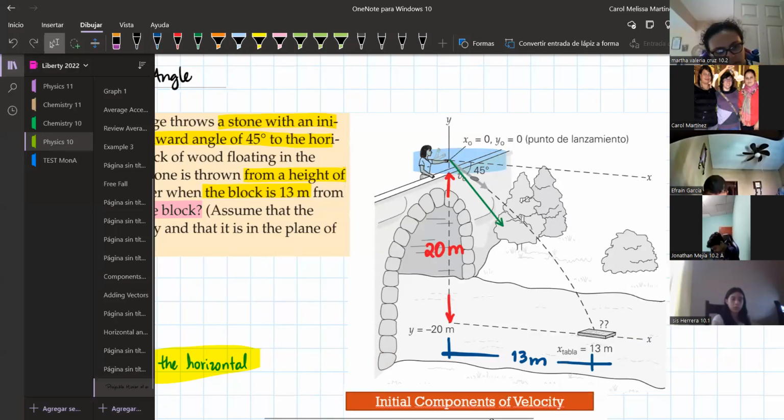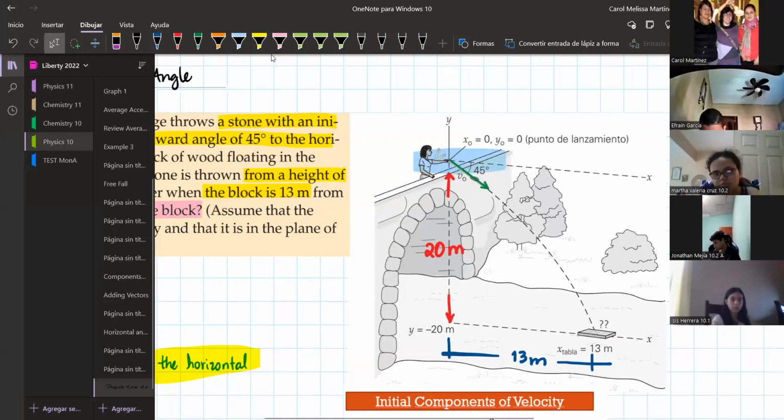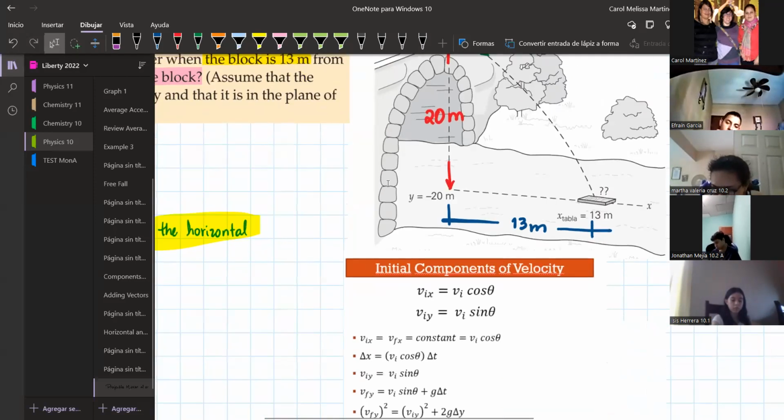Miss, the formula of the cos and sin is going to be used only with a horizontal, right? Exactly, only when it's a horizontal angle. The exercise will tell you if the angle is going to be measured from the horizontal or from the vertical. If it's vertical, you're going to flip the trigonometric functions.